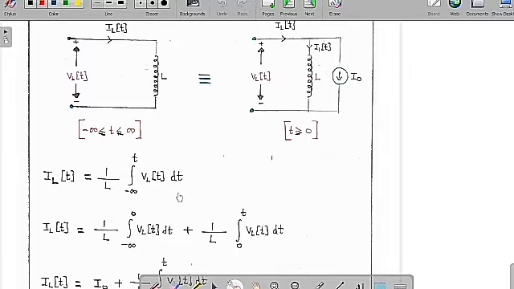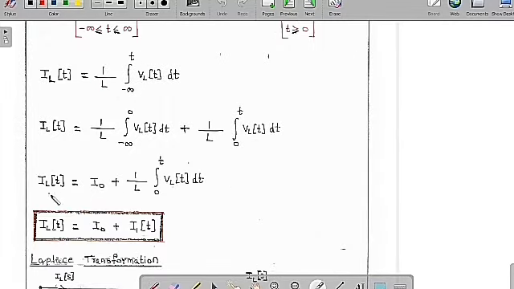So IL of t is equal to 1 by L into the integration from minus infinity to t of VL of t dt. We can split this integration into two parts, from minus infinity to 0 plus 0 to t. So we can split the inductor current into two parts. Now I am going to assume the current from minus infinity to 0 is nothing but some value I naught. This is the same approach as the previous one.